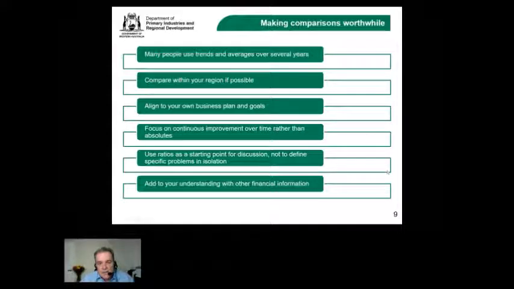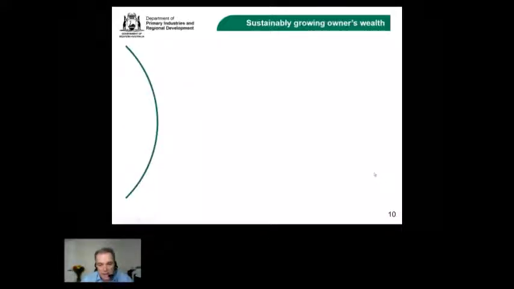Given that, it's still worthwhile to have some financial objectives and goals that we're aiming for. And it will help us answer some very broad long-term decisions about how we sustainably grow our wealth. How do we improve that equity over the next 3 to 10 years?